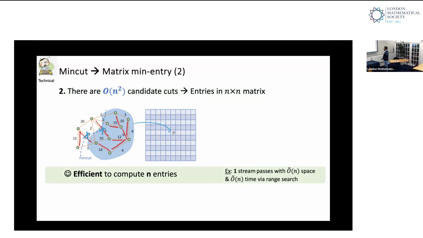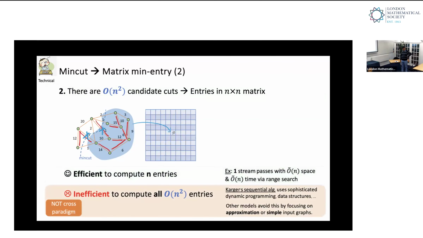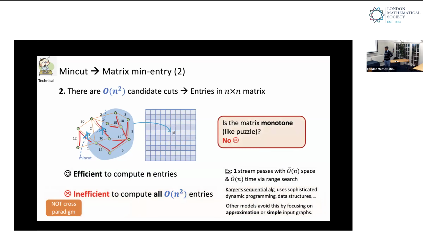In streaming, sometimes it is efficient to compute n entries of this. But even then, if it is monotone, you only need log n passes, right? So the question is whether this matrix is monotone. As it turns out, it's not. It is far from monotone, actually.